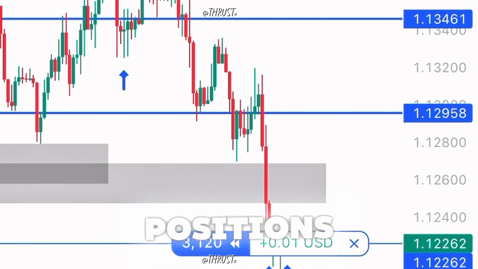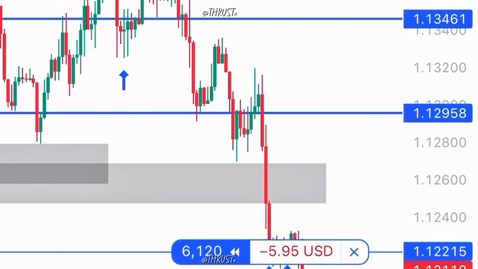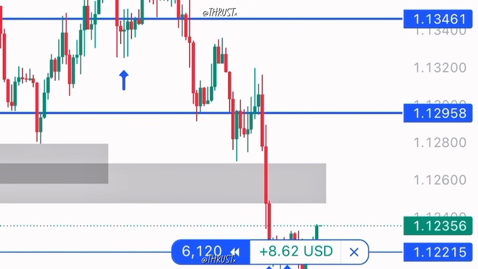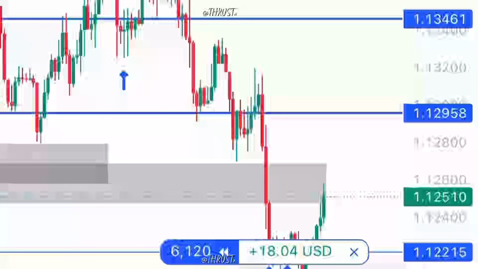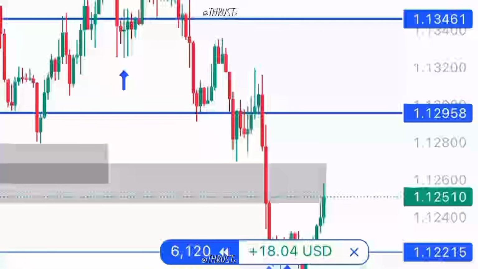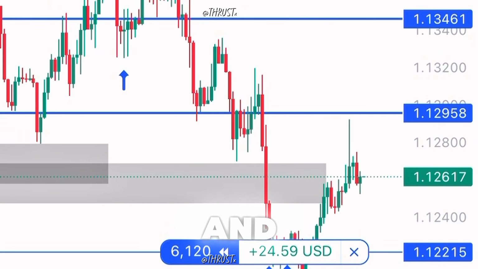I've put my positions, and then you just wait for the first TP to be hit, and then you're out.